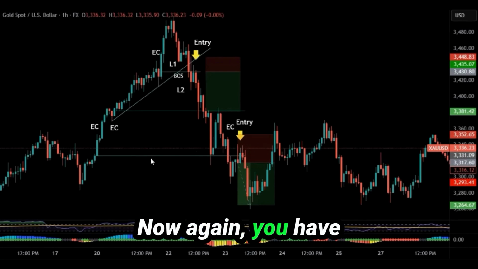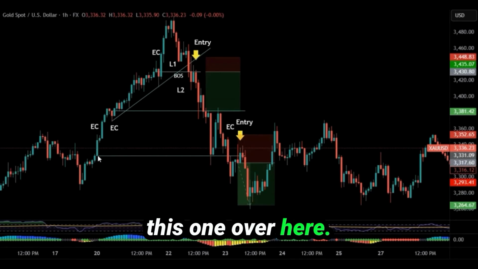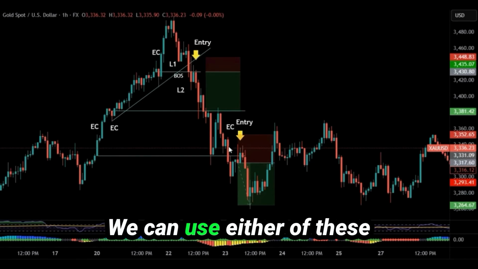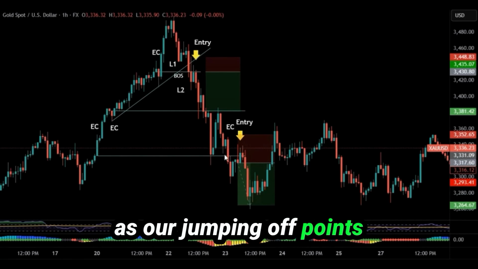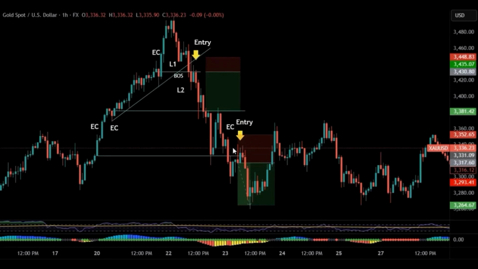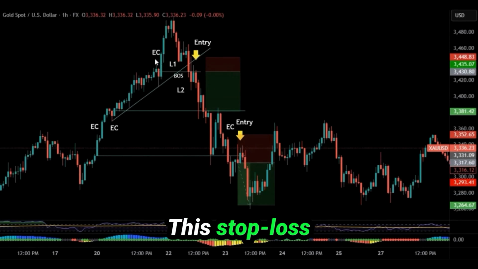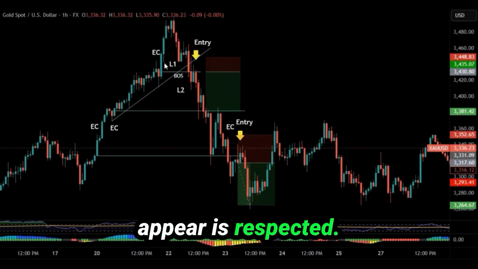Now again, you have another extended candle over here, and we have this one over here. We can use either of these as our jumping off points, and we can use them as our stop losses as well. Both of them are respected. As we see up here, this stop loss up here is respected.